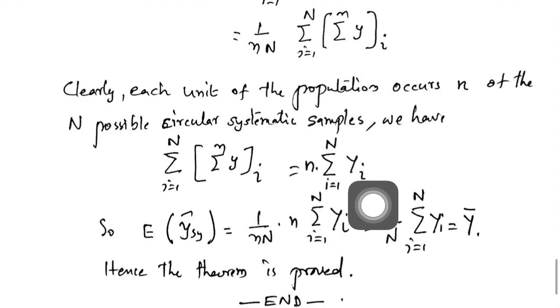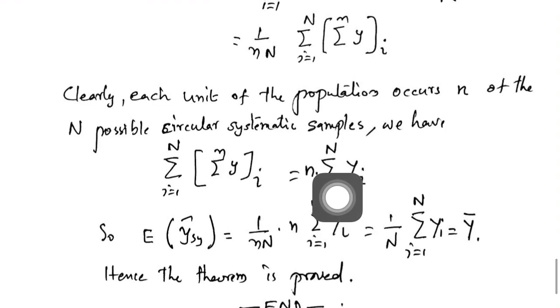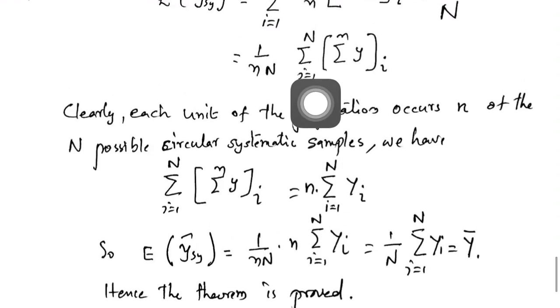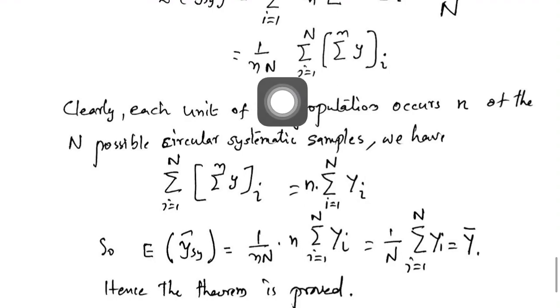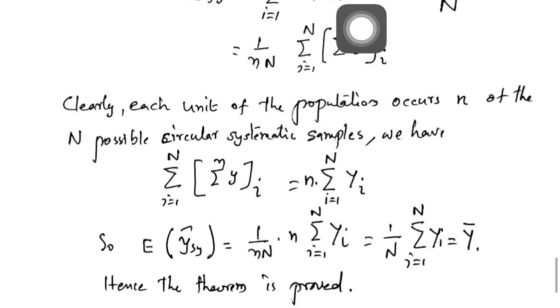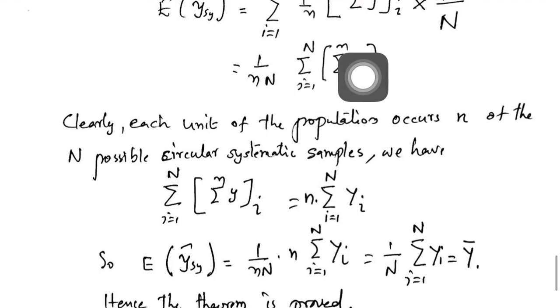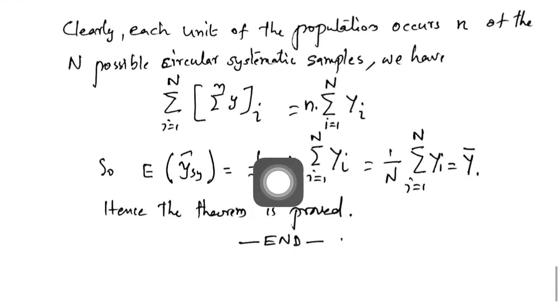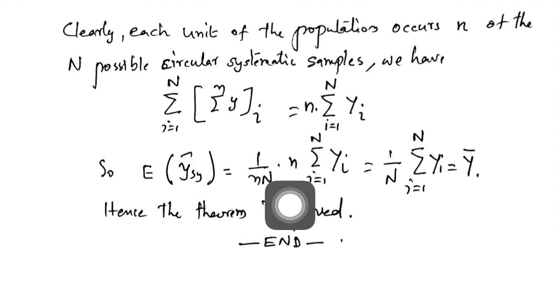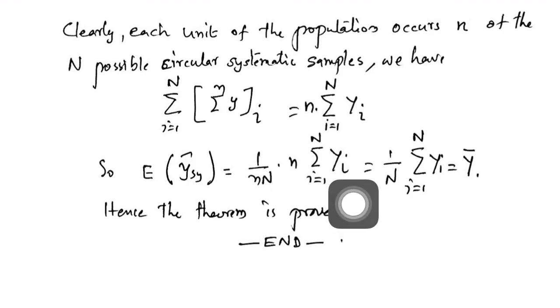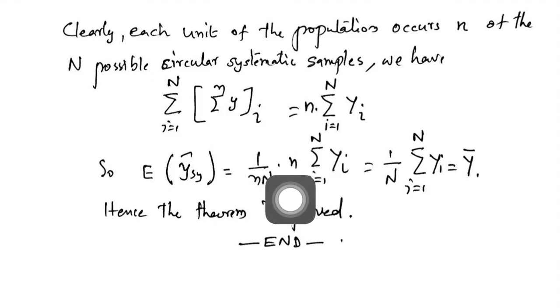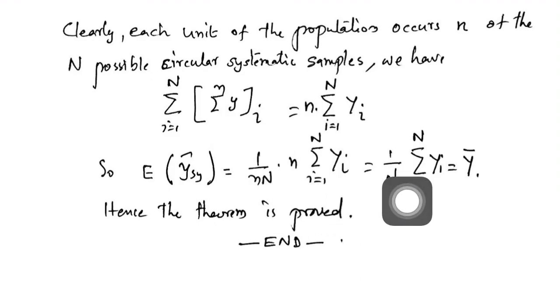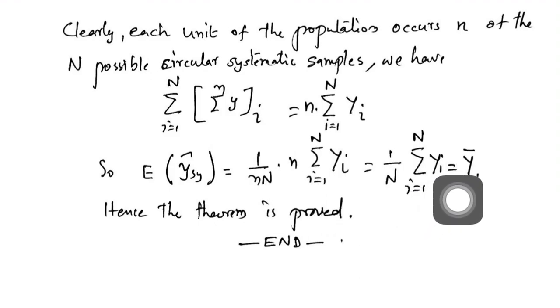Each yi is repeated n times, and you can take this n outside, so that this becomes 1 by n into N into n times sigma I equal to 1 to N yi, and small n will get cancelled. So 1 by N into sigma I equal to 1 to N yi, that is equal to capital Y bar.